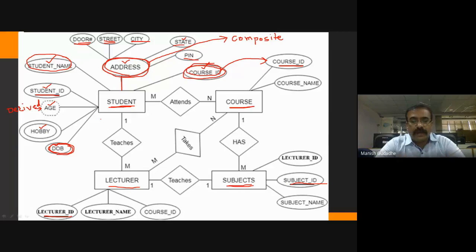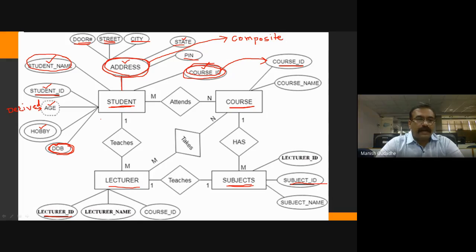If you are taking admission in first year, your date of birth is going to be noted. You may be of age 18 at that time, but if your age is accessed after one year, it should change to 19. That's why we make age a derived attribute, and it will take help of DOB, and that value will be generated whenever it is accessed. That is called a derived attribute.